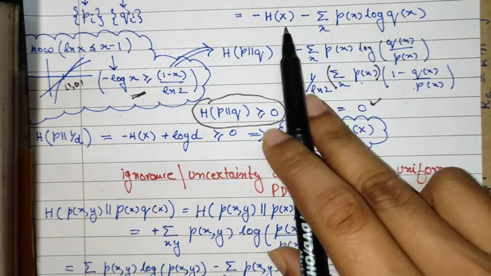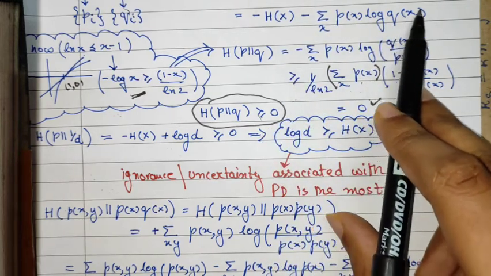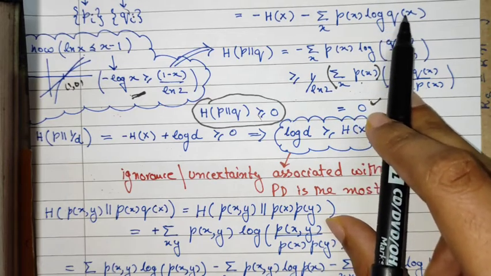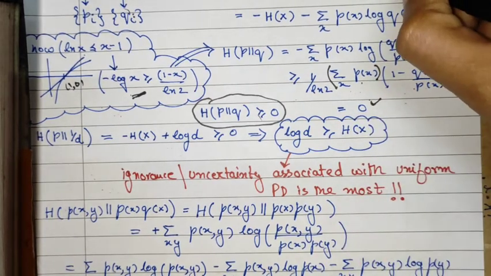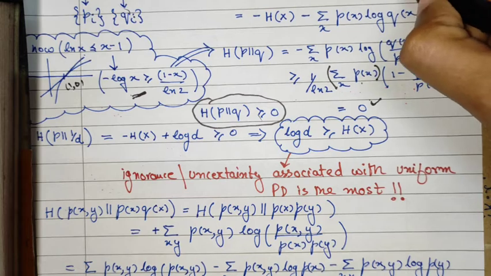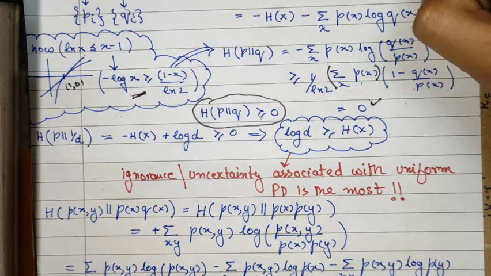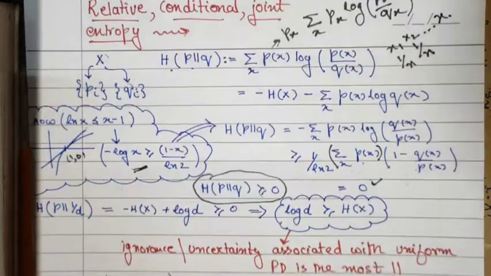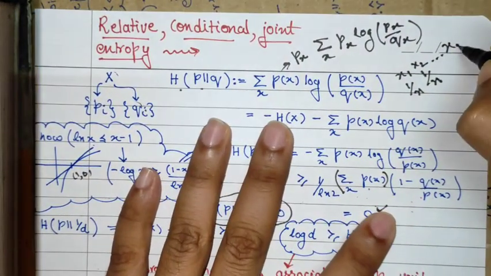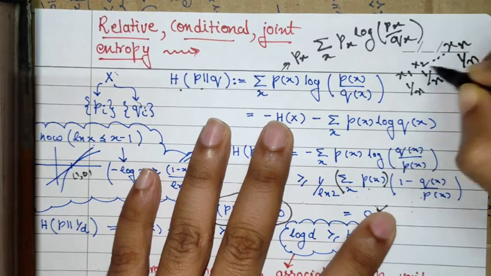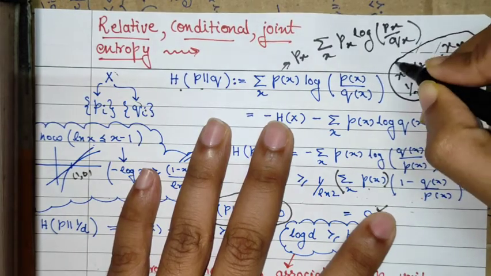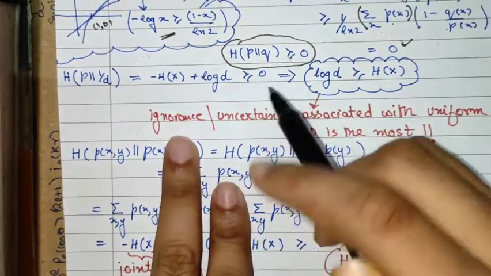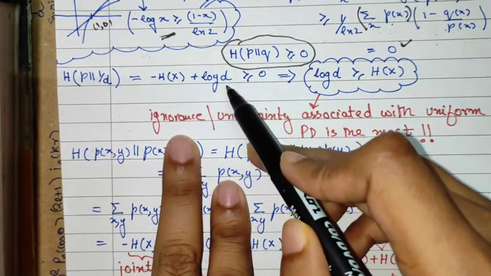But now you can simply substitute a uniform probability distribution instead of q of x. So you say that the probability x1 occurs is 1 over n, the probability x2 occurs is 1 over n, and so on, up to the probability xn occurs is 1 over n. I have chosen n equal to d here.